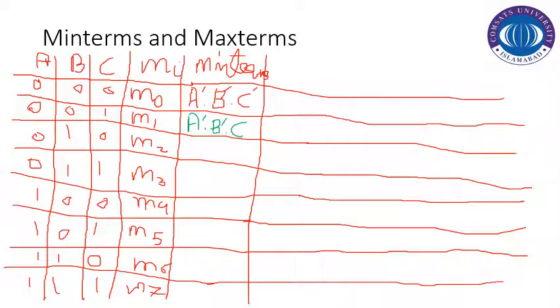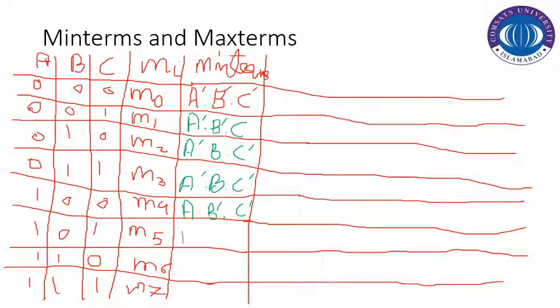Coming to the next term, A is 0, B is 1, and C is 0. So that is A prime dot B dot C prime. Next term is A prime dot B dot C. The next term is A into B prime into C prime.